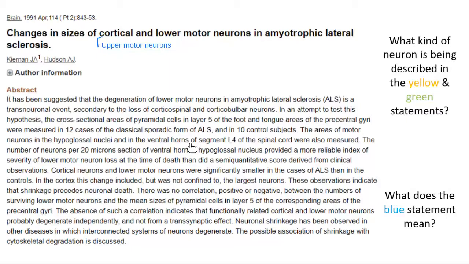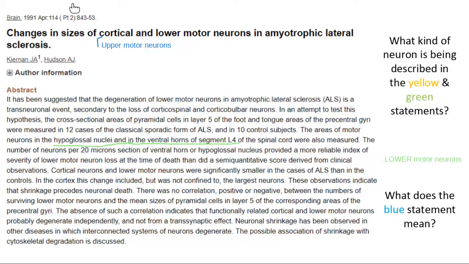Who lives in the spinal cord? Yeah, Nicole's right. The spinal cord, and I believe this is the part that was underlined in green. My neurons that live in these two places are an example of my lower motor neurons.